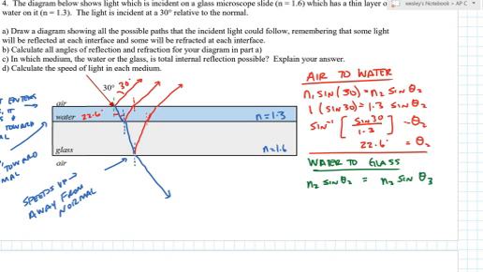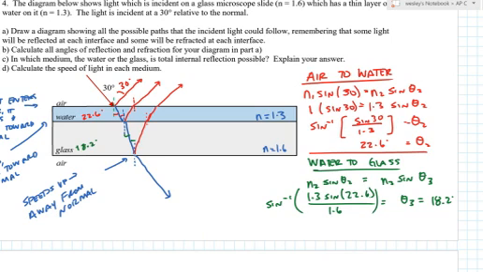So we'll plug in everything we know. 1.3 sine of 22.6 divided by 1.6 is sine of theta 3. So theta 3 is sine negative 1 of all that. Theta 3 comes out to be 18.2 degrees. So this is 18.2 degrees. That is 18.2 degrees. Good deal.